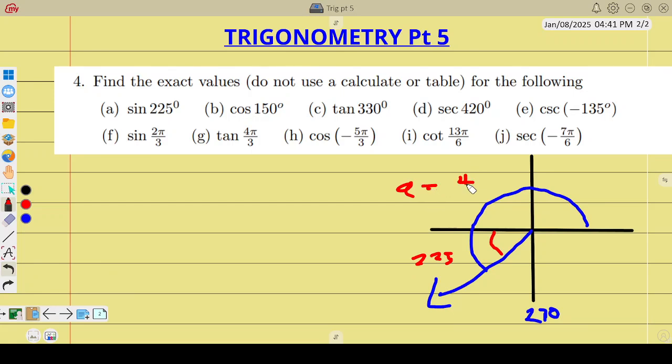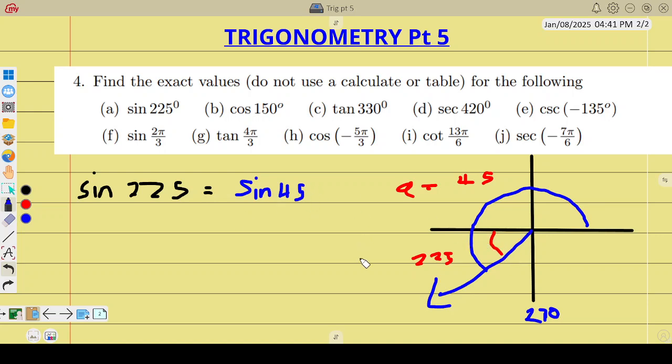It's 45. So this angle is equal to 45. This means that sine 225 will be equal to sine 45. So this was 225, and the reference angle is 45.